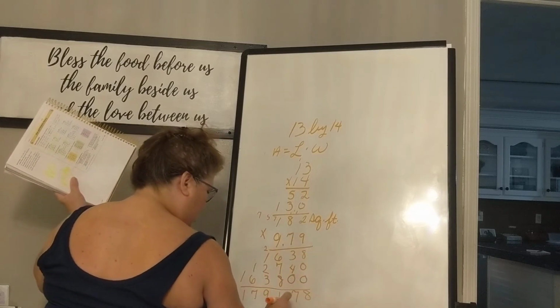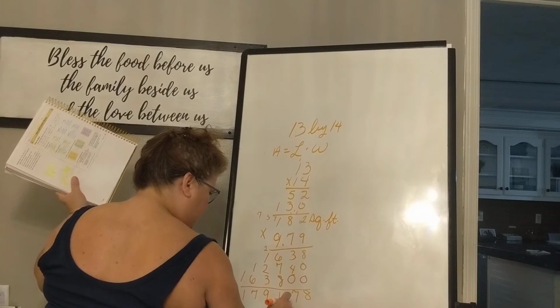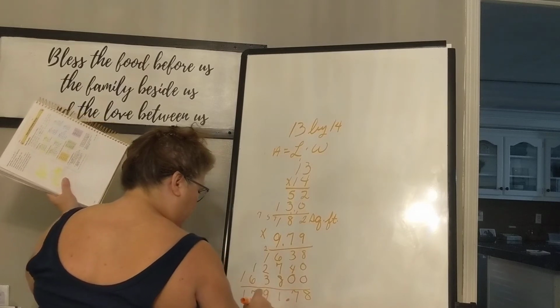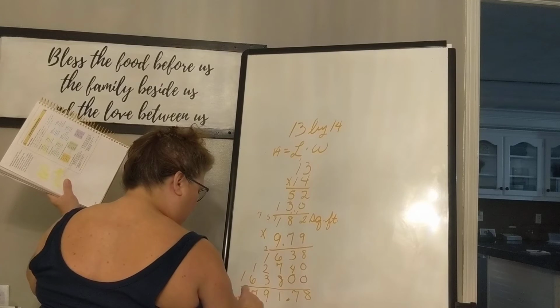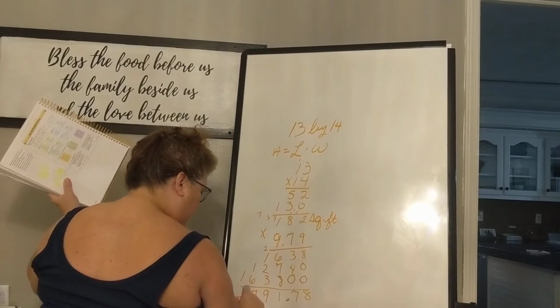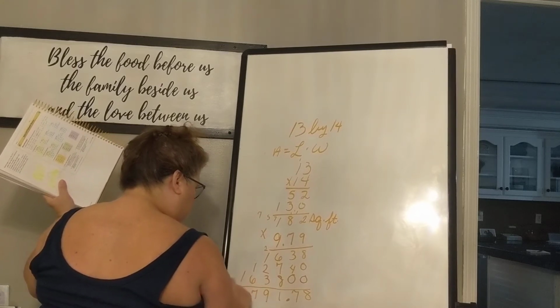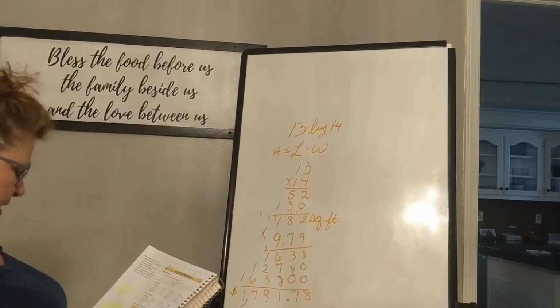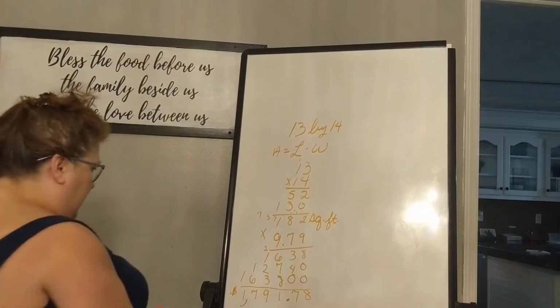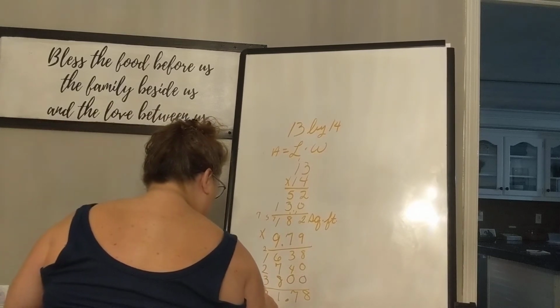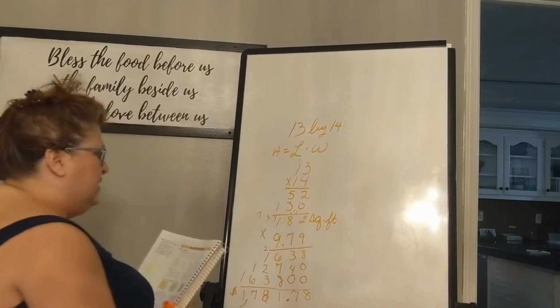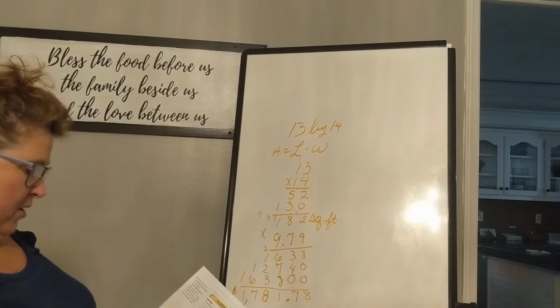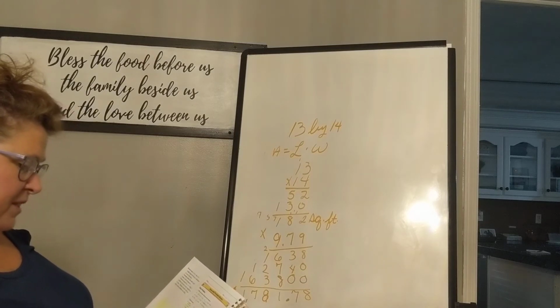Then we're going to count over 2 places for our decimal point, count over 3 places for our comma, and put our dollar sign at the beginning. So the tile for the kitchen floor cost $1,981. I added something wrong here. $1,781.78.